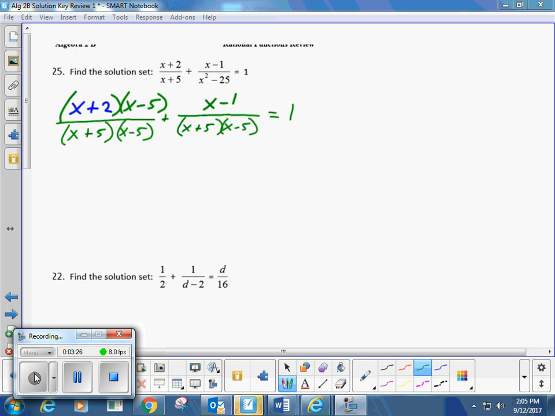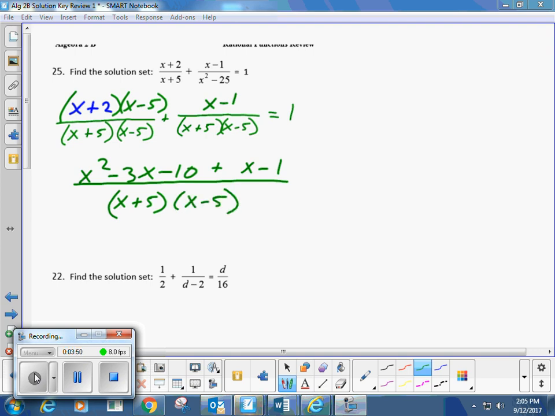Now that I have the fractions set up with the common denominators, I'm going to FOIL out the first one, giving me x squared minus 3x minus 10, and the second fraction just has the x minus 1. All of this is now over the x plus 5, x minus 5 equals 1 on that side.